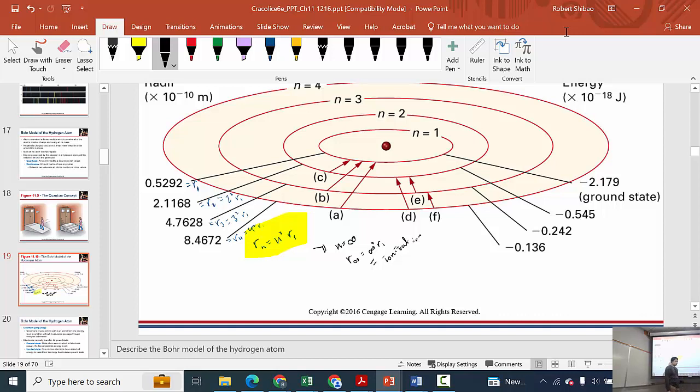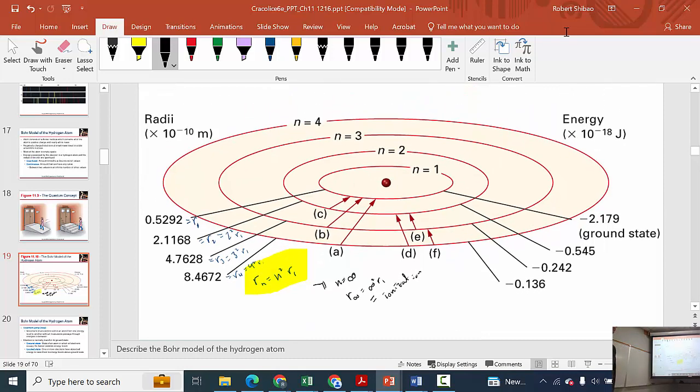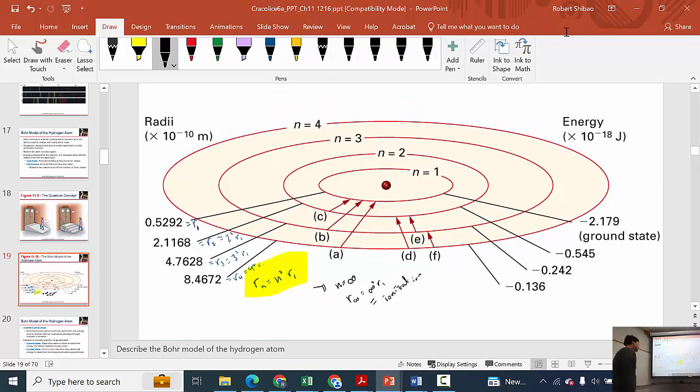It doesn't have to go to infinity to lose the electron. We can have ionization occur at shorter distances and effectively ionize it. Well, the electron's got to go somewhere. It could go elsewhere. And so I suppose if there's nothing else present, then yeah, bring it out to infinity.